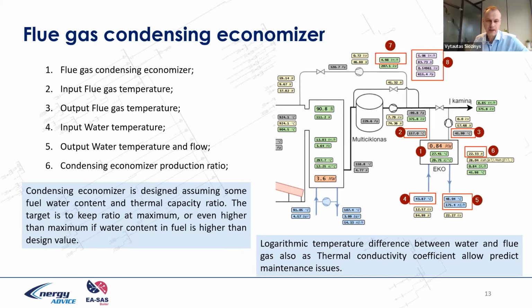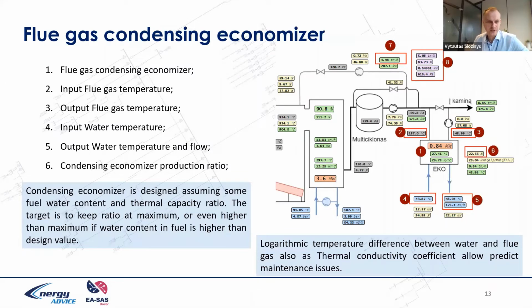flue gas condensing economizer. Additionally, we calculate the logarithmic temperature difference between water and flue gas, and the thermal conductivity coefficient, all of which allow us to predict the condition of the economizer, and this prediction helps us understand where cleaning should be performed.